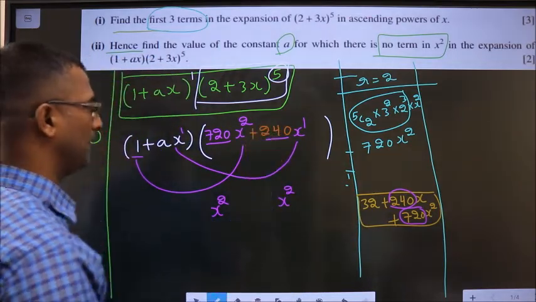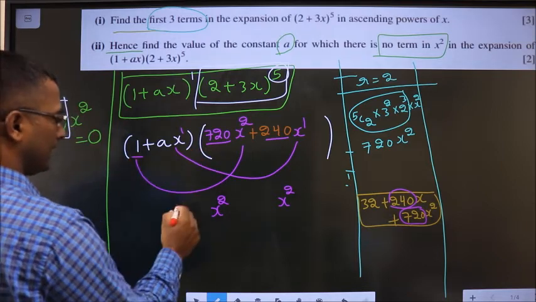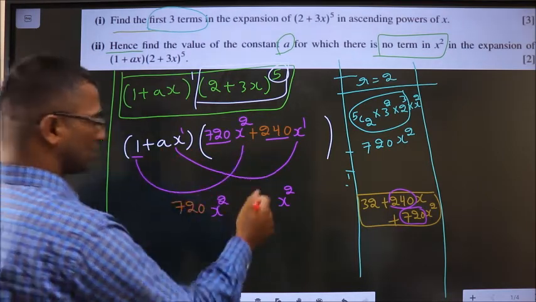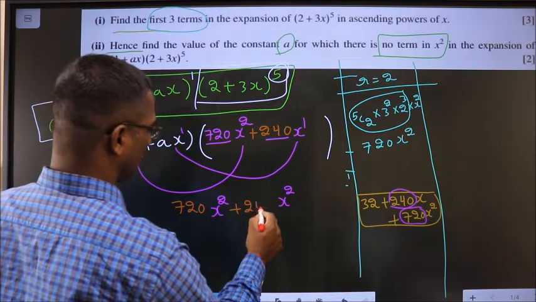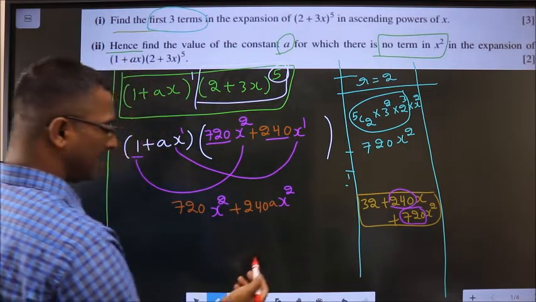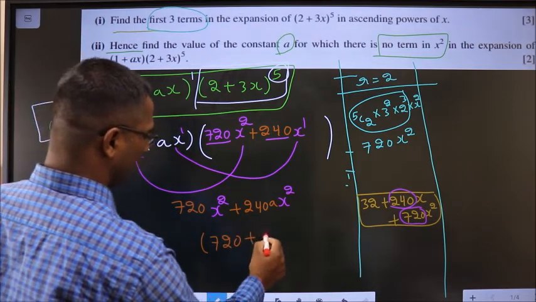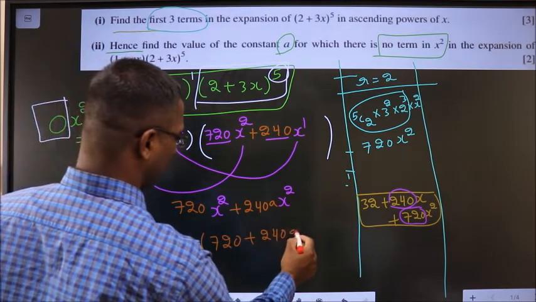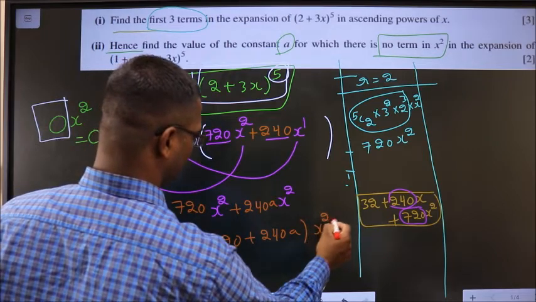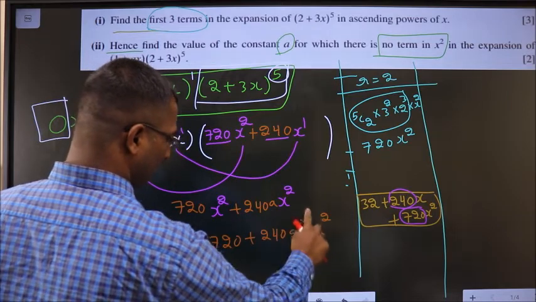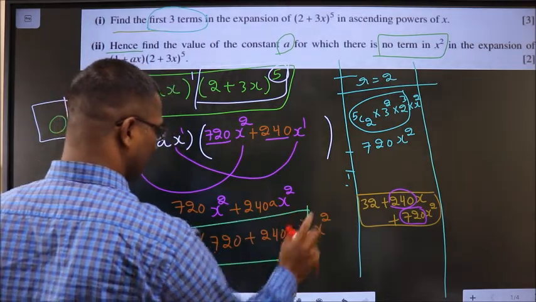Okay, now multiply. 1 times 720 is 720x square. a times 240 is 240a. Take x square common. So that will be 720 plus 240a. Now, this is the coefficient of x square that we got.